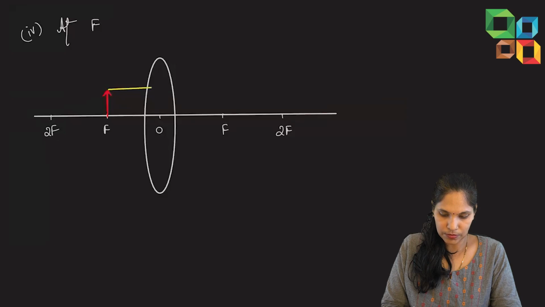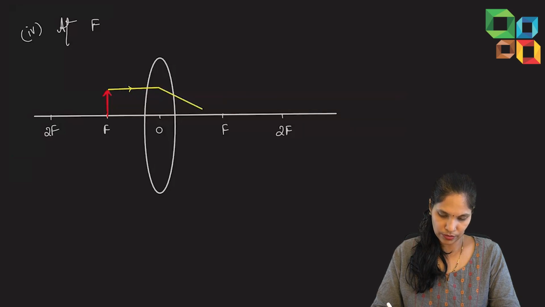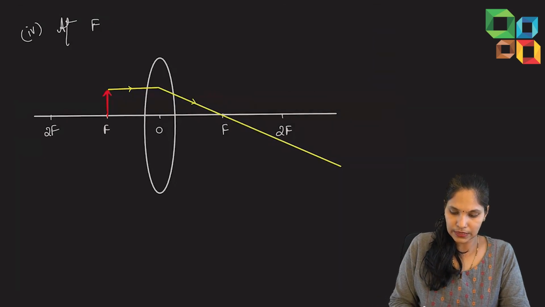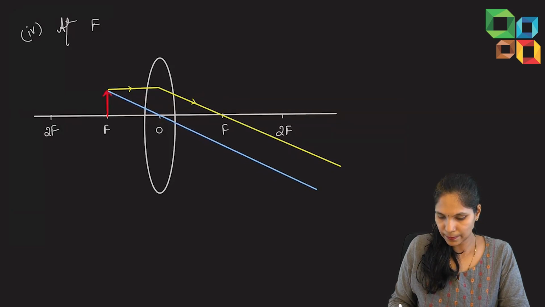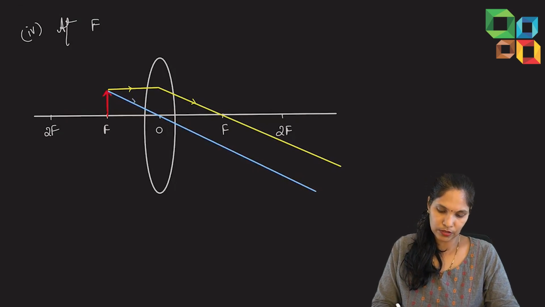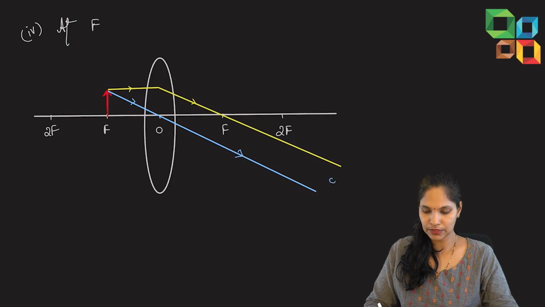At F. So let me draw the rays. A ray which comes parallel passes through the focus. The second one goes through the optic center, goes undeviated like this. You can see that these two appear to be parallel. They are parallel, so they will never meet here. That means if they meet, also it will be at infinity.